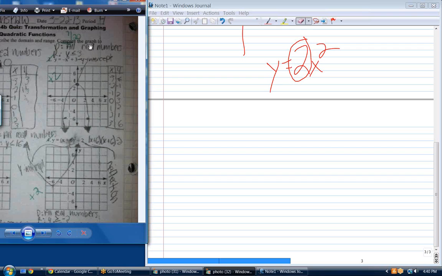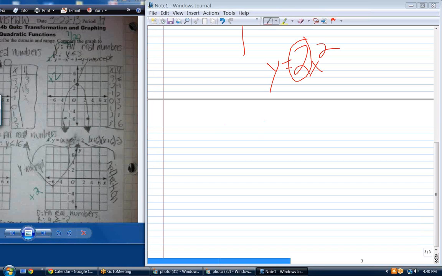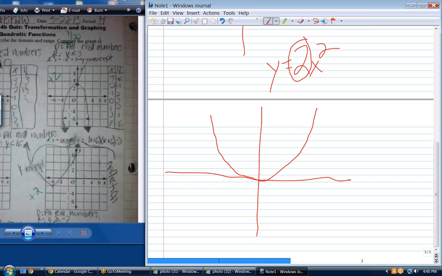Again, you got the domain correct, the range correct, but we haven't compared it to y equal x squared. So let's take, remember this is y equal x squared. What's the consequence of the negative sign in front of that? What does that do? In other words, our goal is to now figure out how your curve differs from y equal x squared.